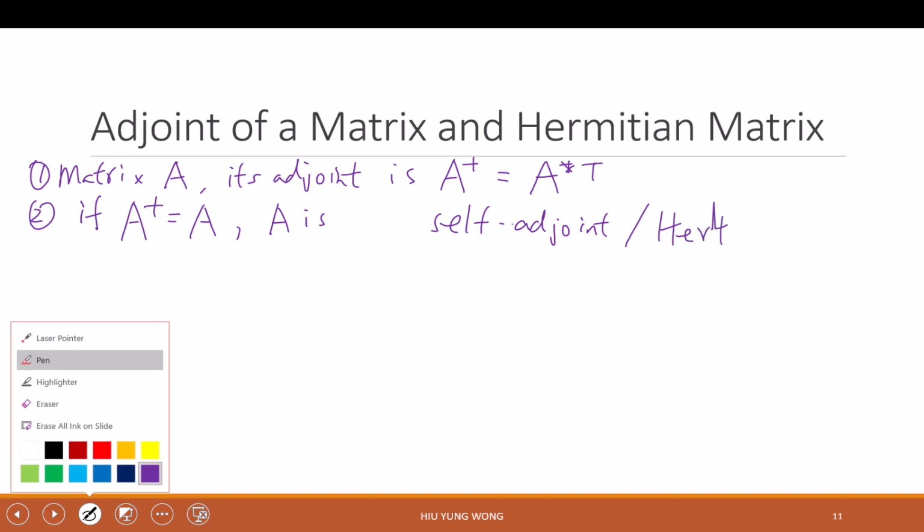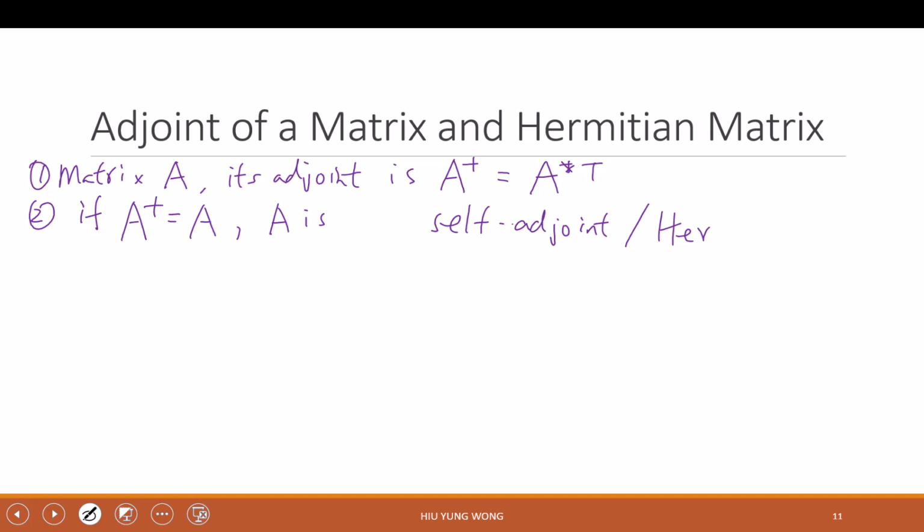This is very important. A Hermitian matrix has a property, you will see very soon, that it will have real eigenvalues. And later you find that every measurement in quantum mechanics corresponds to an operator, and what you get from the measurement are the eigenvalues of that operator.